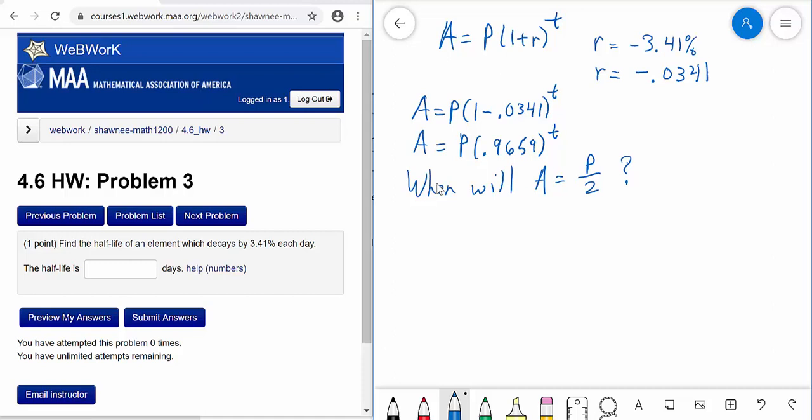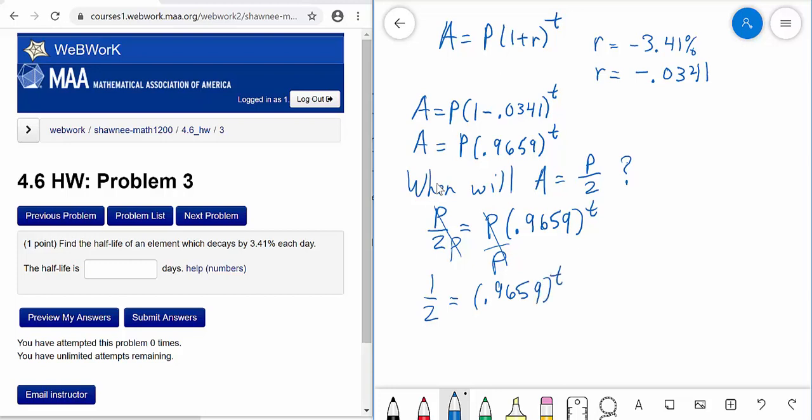To find a half-life, we plug in P over 2 for A. Now solving this equation for t will tell us how long it would take for the original amount P to become half of P. Just like we did in the last problem, I'm going to divide both sides by P, and that cancels the P's, so we get 1/2 equals 0.9659 to the t.